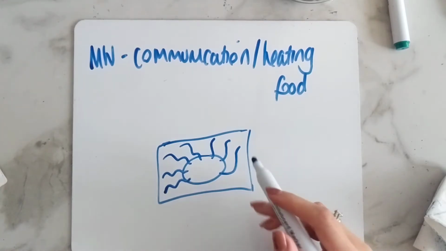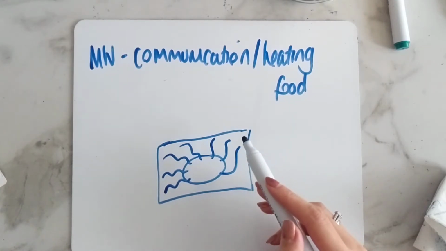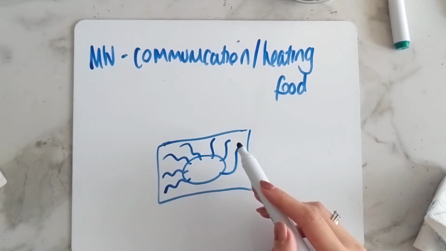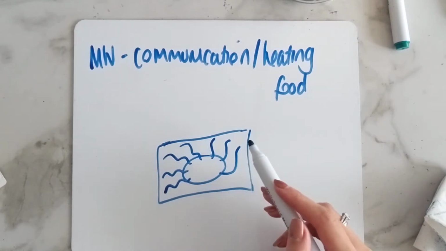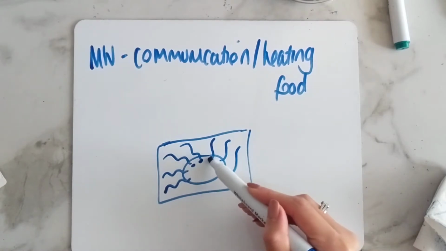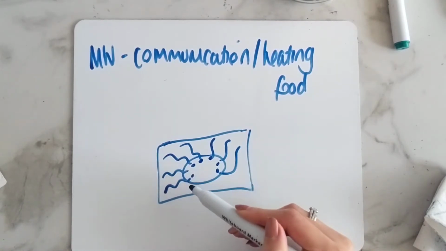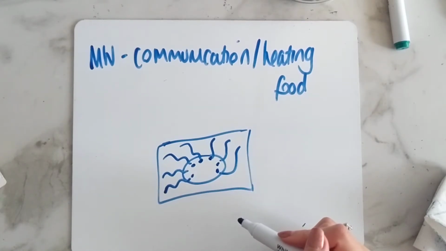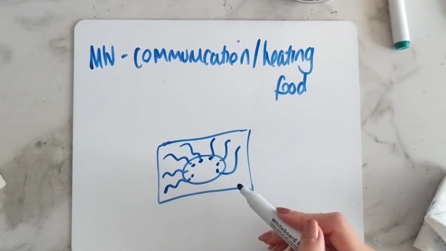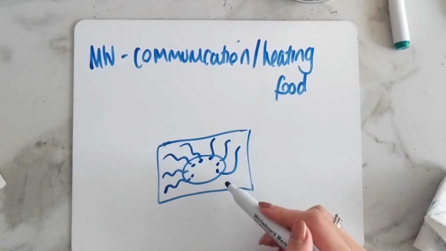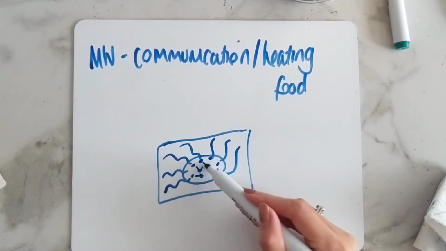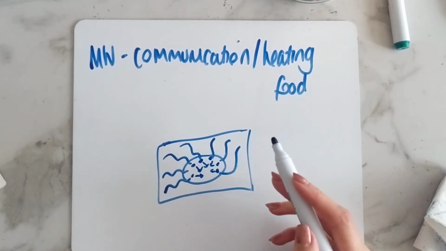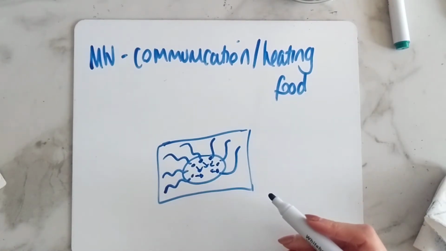So the microwaves penetrate about a few centimetres into the food before being absorbed and transferring the energy to those water molecules in the food. Okay? This causes the water to heat up. The water molecules then transfer the energy to the rest of the molecules in the food.